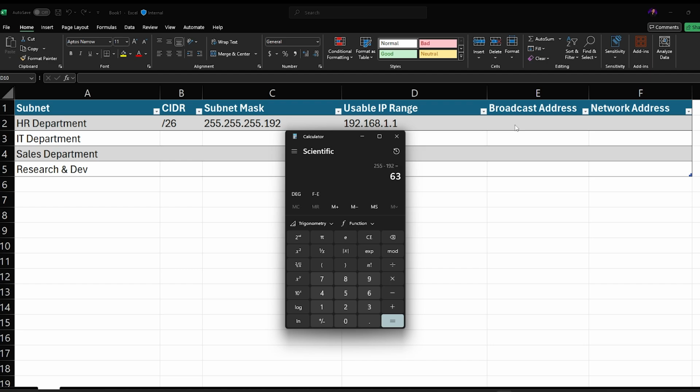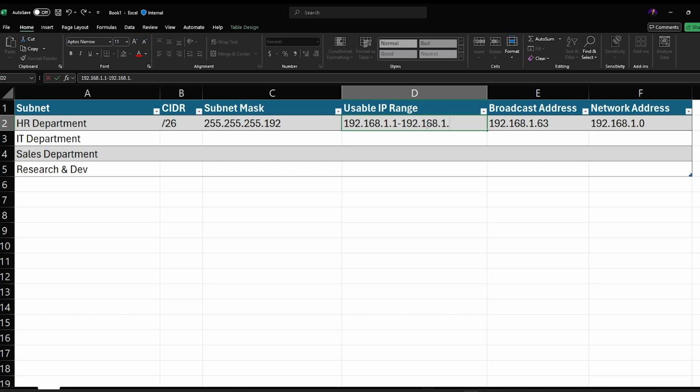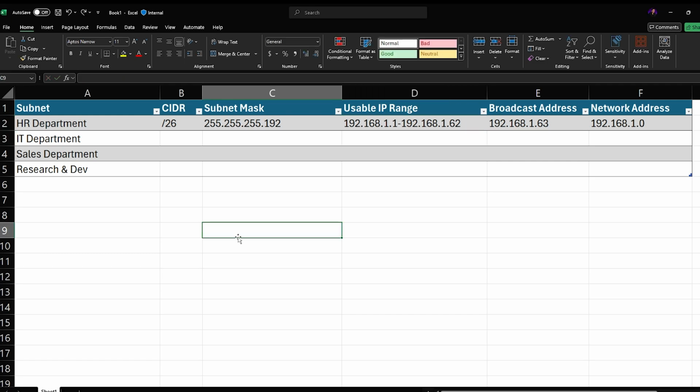So the 63 will represent the broadcast address, 192.168.1.63. The network address will be 192.168.1.0. The last host is going to be 1 minus the broadcast address, so 192.168.1.62. Okay, so now that we've solved for the department that requires the most hosts, we can do the rest pretty fast.